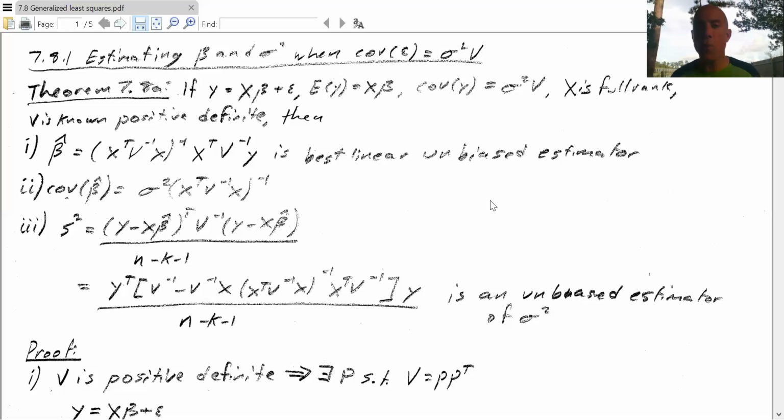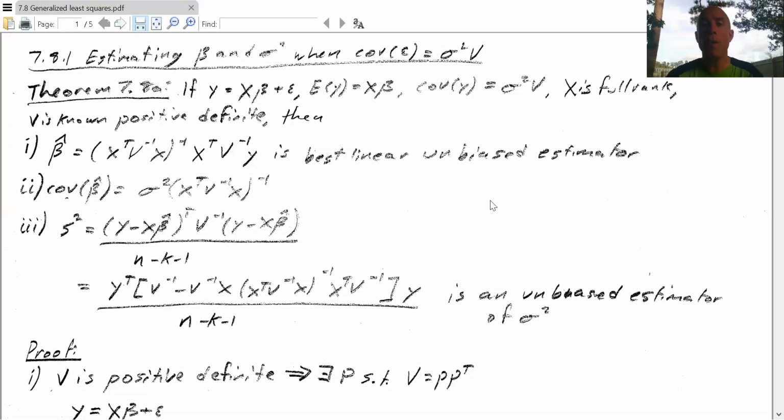What if I'm in a situation where either we don't have constant variance of the residuals with respect to x, or we do not have covariance 0 between observations, or maybe both? We want to deal with this. So how do we adjust this?